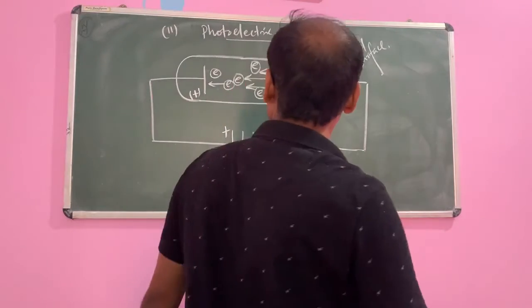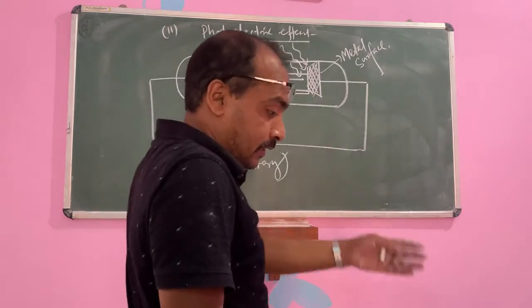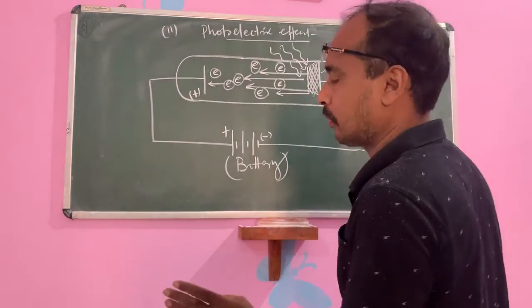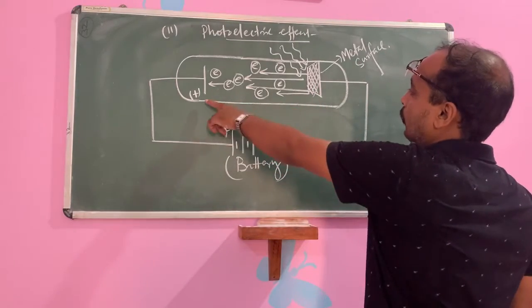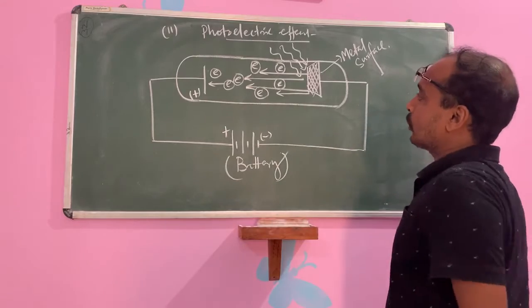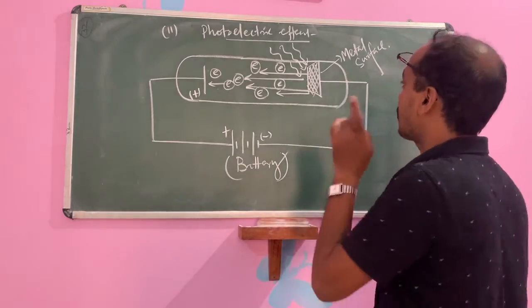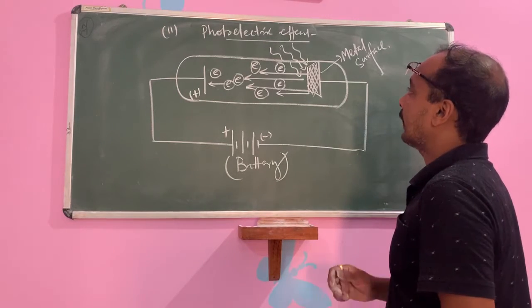So when sunlight or radiation falls on the metal surface, as soon as the light falls, without time gap, the electrons are ejected towards the positive end. The ejection of electrons as soon as sunlight falls on the surface of the metal is known as the photoelectric effect.